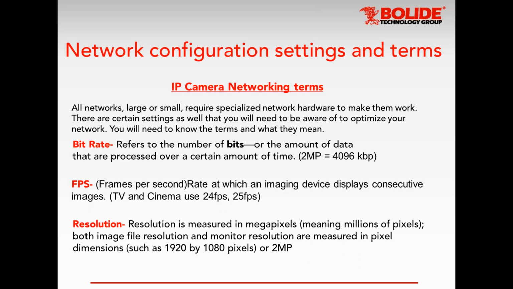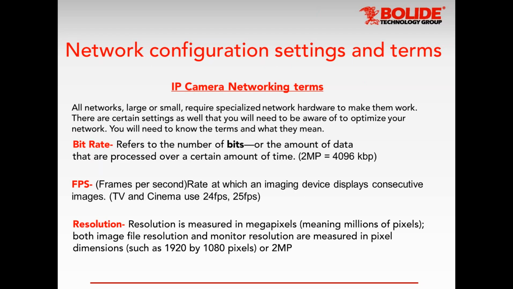All right. FPS, we all know this, frames per second. It's the rate at which an imaging device displays consecutive images. Frame rates also apply to DVRs, movies, TV. You've heard of real-time frames per second. This also plays a big part in your IP installation, and it is extremely important because lowering your frame rate can get almost double the amount of hard drive space out of your recorder.